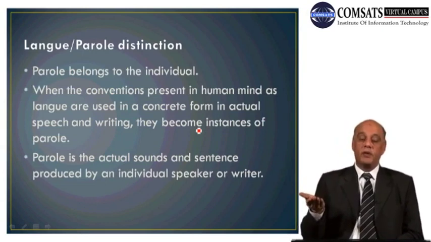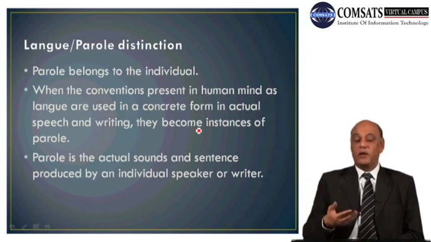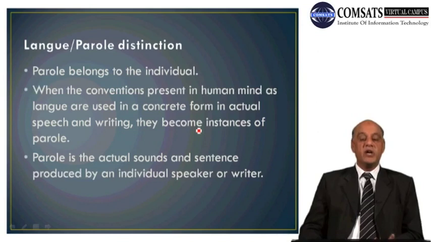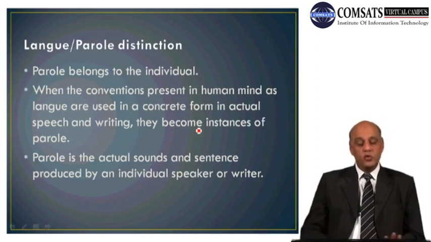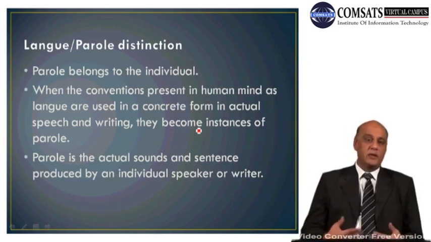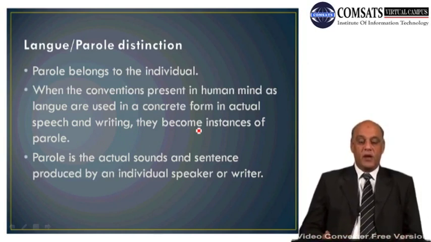What is parole? Parole basically belongs to individuals. When the conventions present in the human mind as langue are used in a concrete form in actual speech and writing, they become instances of parole. So using these rules, people utter sentences, people utter sounds, people utter words.